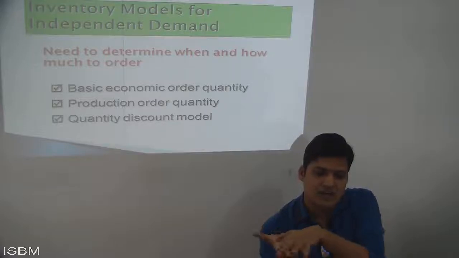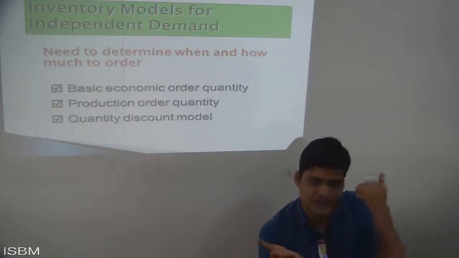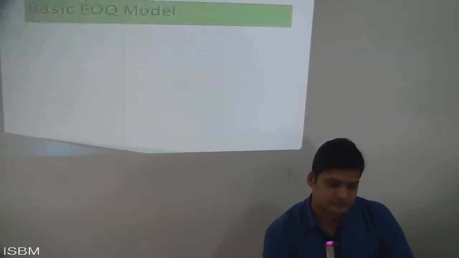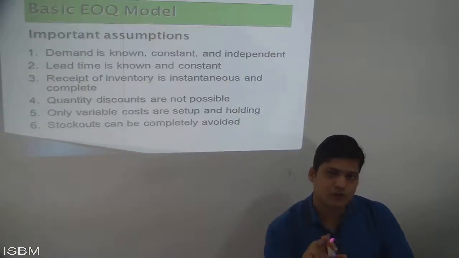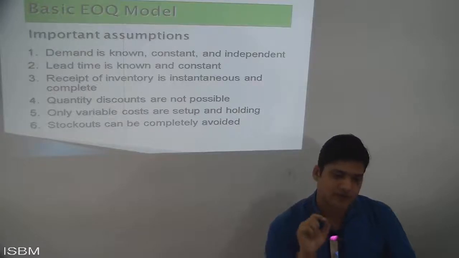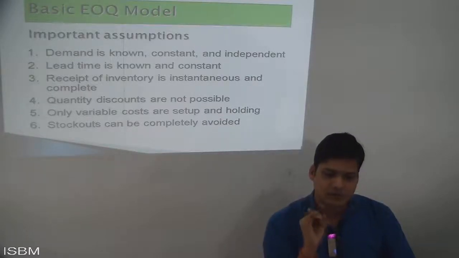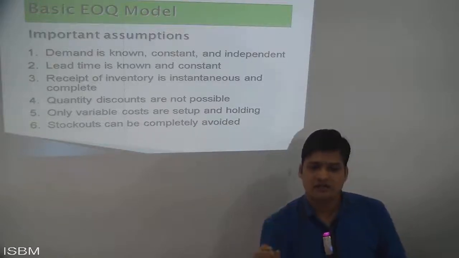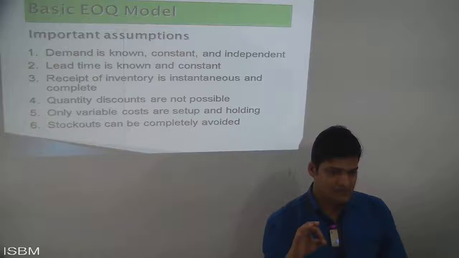The basic economic order quantity, EOQ, which we have learned. The production order quantity, how much production is required. Basic EOQ, economic order quantity model. Important assumptions: demand is known, constant and independent. You know how much demand there is. Lead time is known and constant.